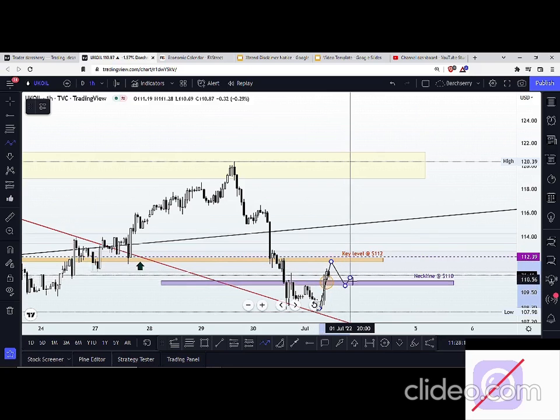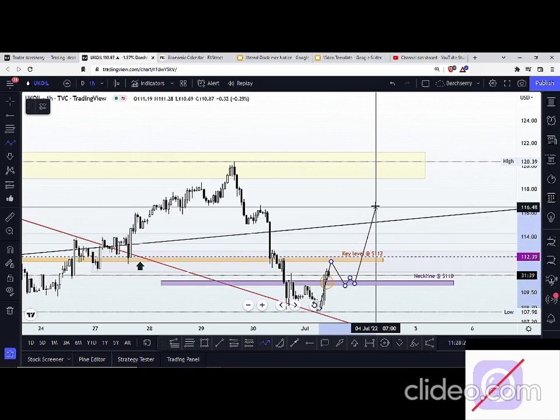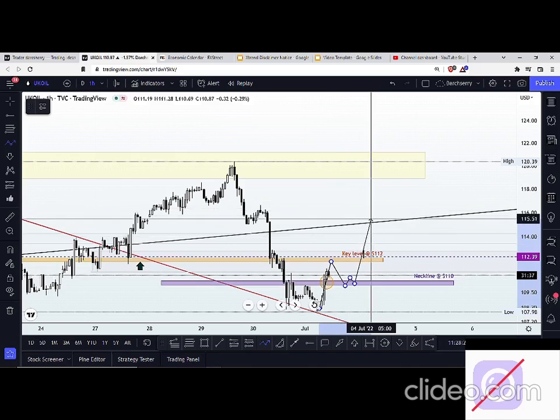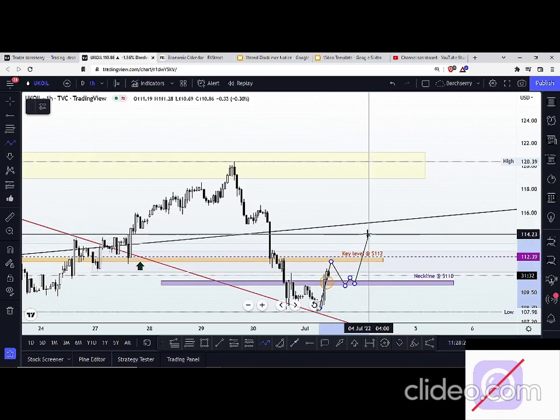Then we want to be looking out for patterns on lower time frame that supports a trend continuation to the upside. And if price continued like that and we see a breakout of the key level at $112, remember that key level had served us during the early days of the week, as it was the one that guided us into the bullish momentum that we took profit on 2 days ago.